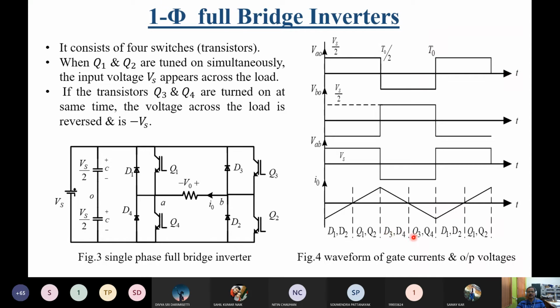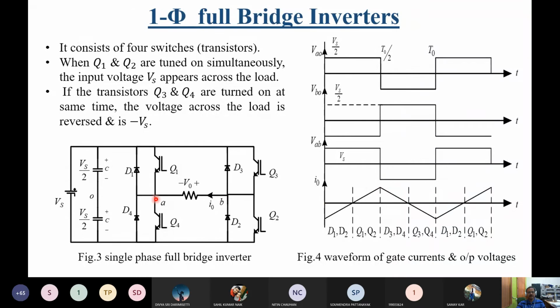So D3 and D4 conduct, with current in the positive direction, A to B. When the current becomes zero, D3 and D4 switch off. Then Q3 and Q4 will turn on, so the voltage polarity will change here.